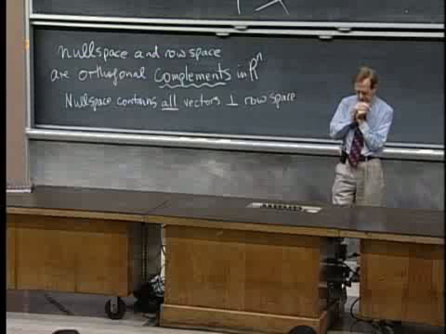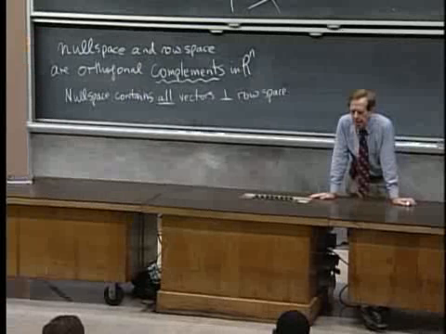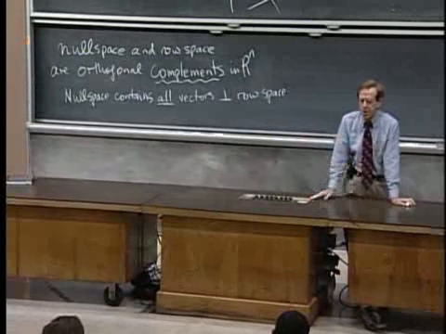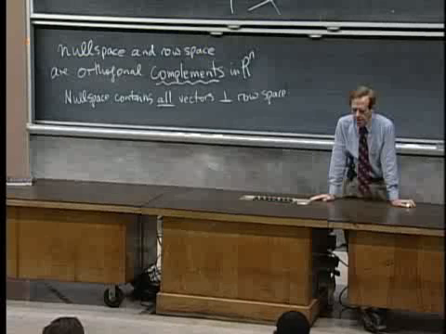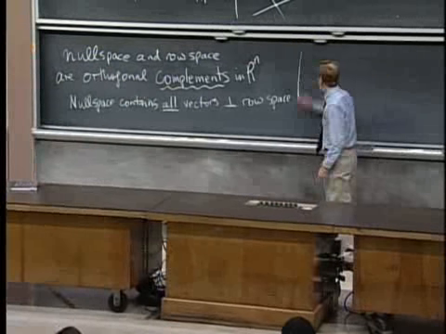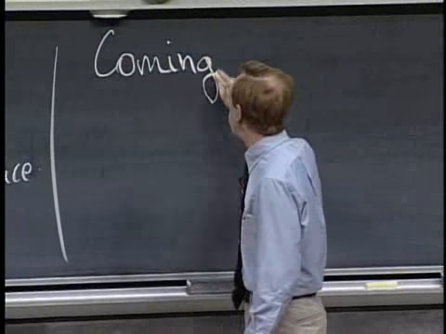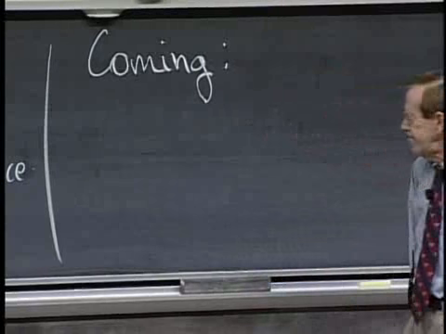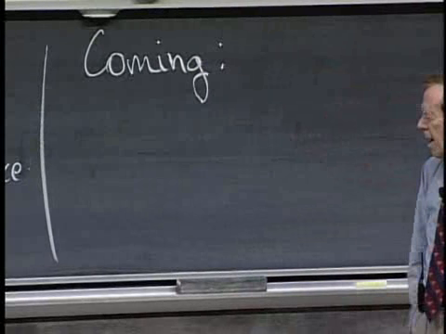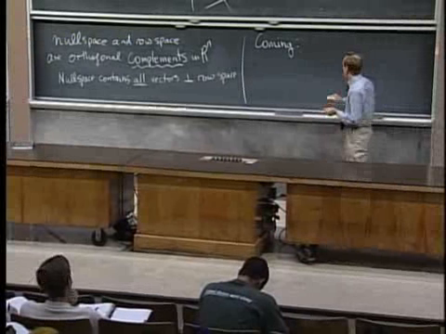Okay. Now what's my next goal in this chapter? It's the main problem of the chapter. This is the very last chapter that's about Ax equal b.